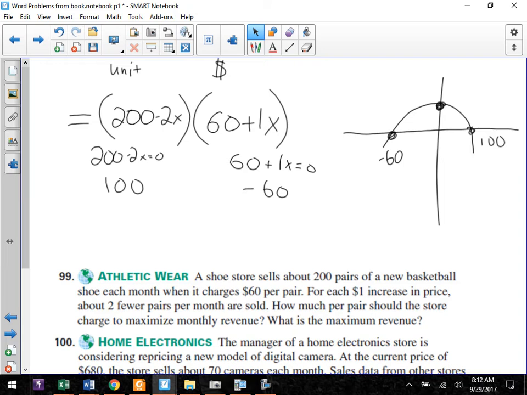That gives you your midpoint at 20 for your x value. So what's the best price to sell them at? Not 20. That was the 20. That's your multiplier. That goes to here. $80. At $80, you will sell the most pair. You'll get your biggest bang for your buck at that point.